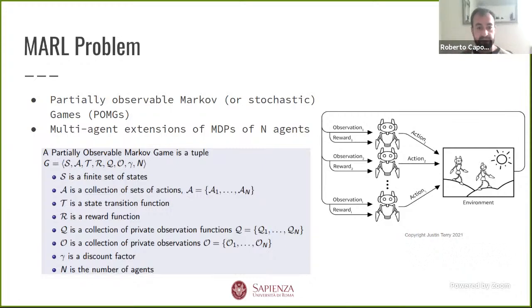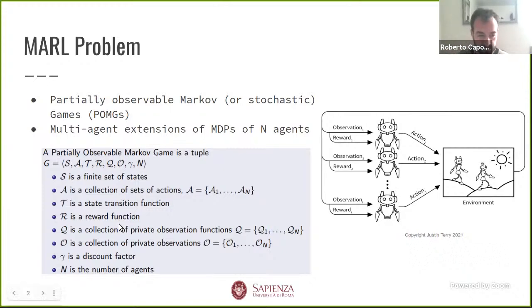Anyway, if we want to formalize this POMG, we know that this is something that has a set of states, a set of actions, each composed by the set of actions of each agent.